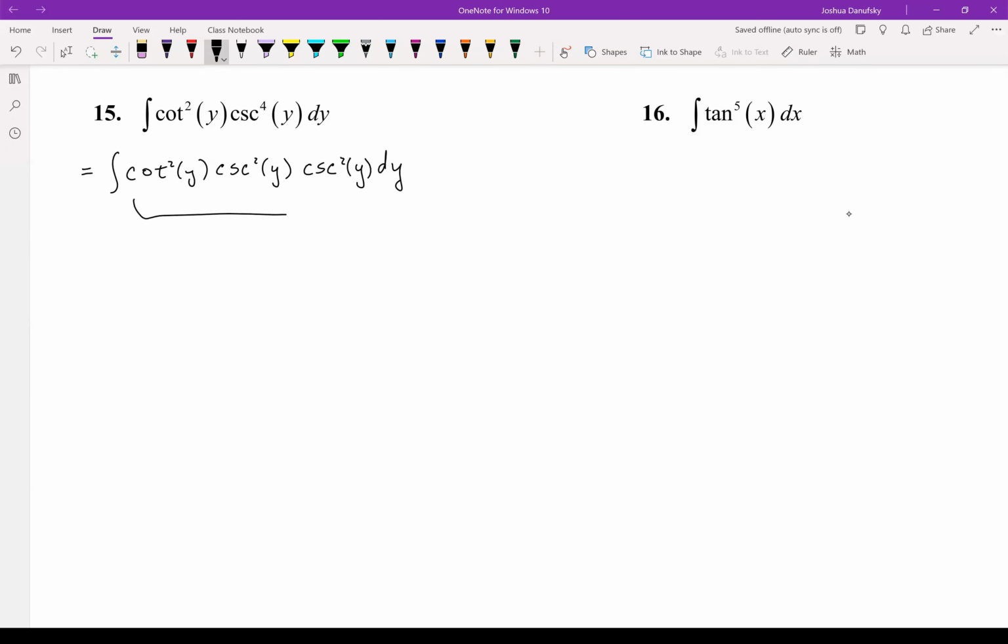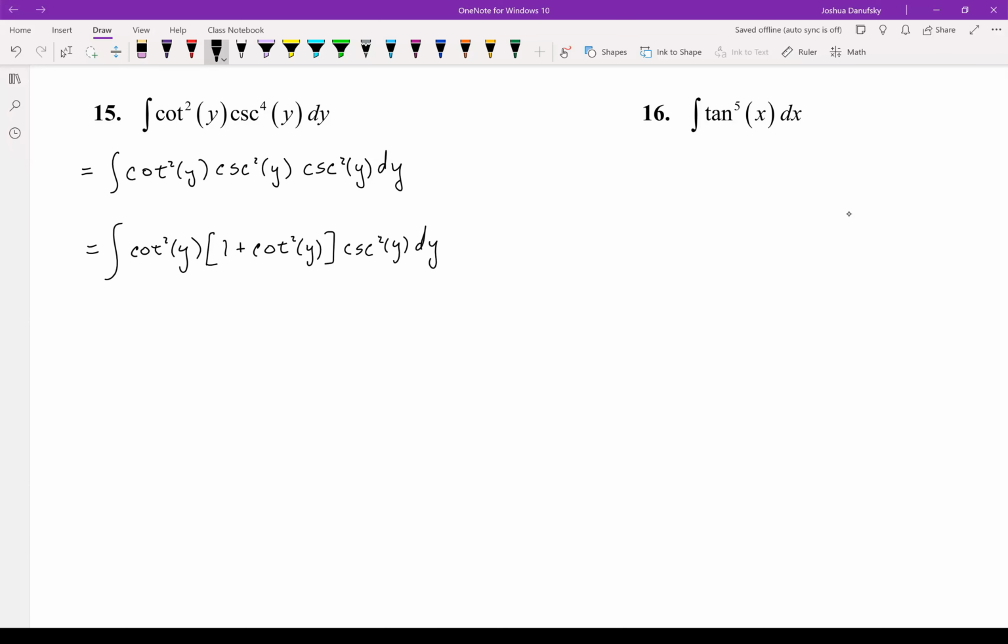So if I could somehow change all of this to cotangent, I can do a u sub, and I'll be in pretty good shape. So we've got the integral of cotan squared y. Cosecant squared can be rewritten using our Pythagorean identity for cotangent cosecant like this.